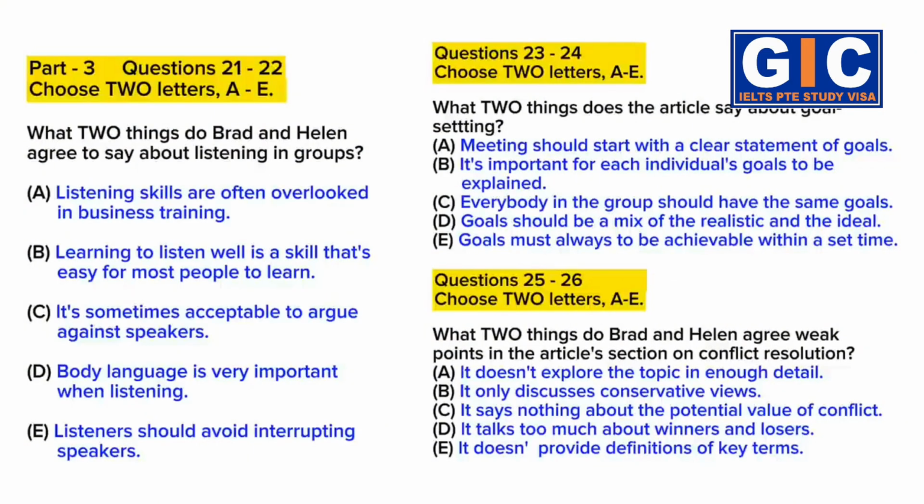Uh-huh. Okay, right. The next section is on goal setting. Let's make sure we're clear what the article says on this. Yeah. Well, firstly, it says that all group members must be given time to explain their own goals. That's it, yeah. And then did it say that the whole group should agree on common goals? That's a bit too strong. It's more that everyone's agendas should be equally acceptable.